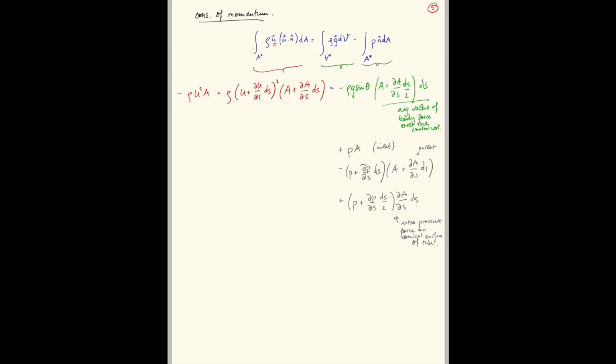So what you'll see here is that for the pressure almost all terms cancel apart from this product of dP ds times A. The PA here cancels with that. This second multiplication cancels with that. This is small, and this cancels with the one up here. So we are left with just minus A dP ds times ds.